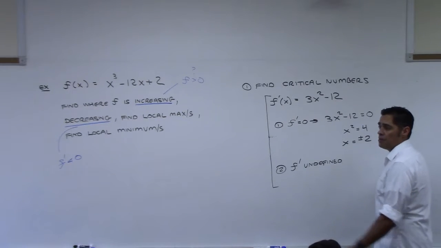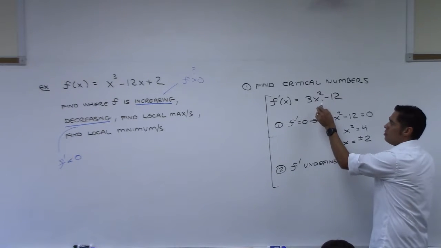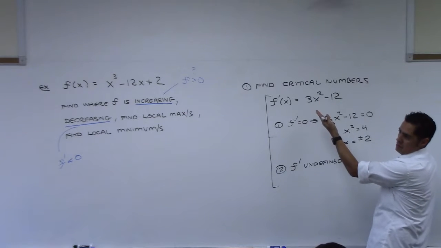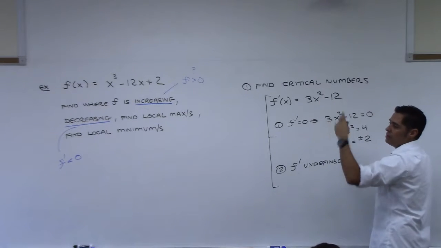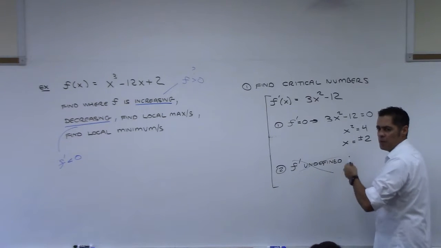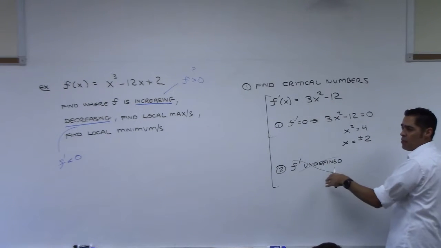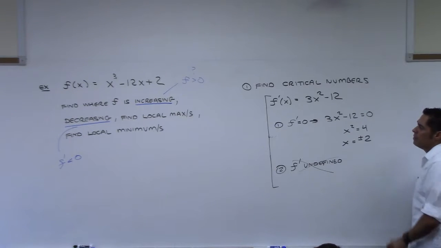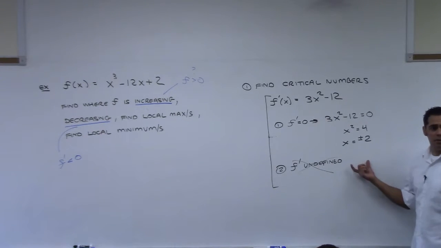Okay, it can't be, right? There's no problems here, right? Do you see division by, do you see a fraction? No. Do you see a square root? No. Okay, so if you don't see those, then this can't happen, okay? It's pretty much that simple. We don't see a fraction, we don't see a square root, we don't have to worry about that. All right, so we have 2 critical numbers, right?